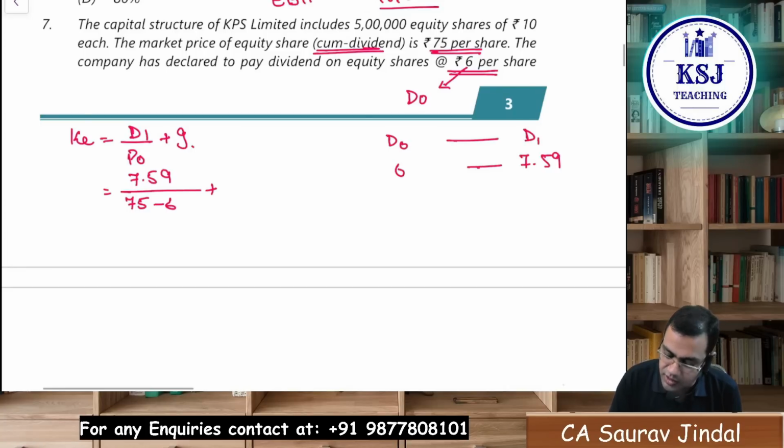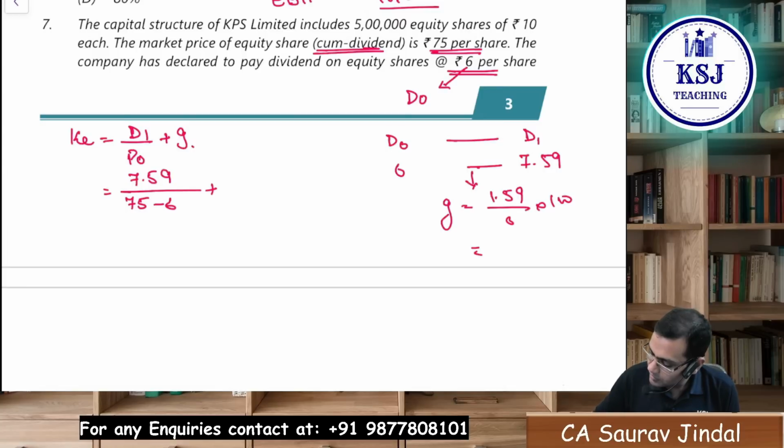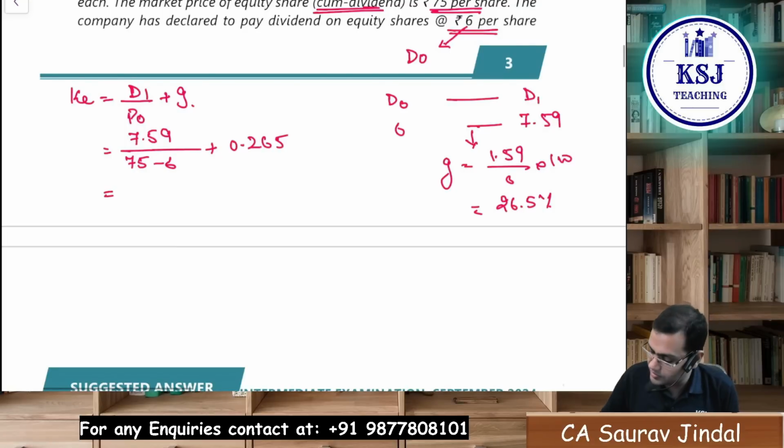So we can calculate the growth rate: 1.59 divided by 6 into 100, that is 26.5%, or 0.265. So what will be Ke here? 7.59 divided by 69 plus 0.265, into 100, that is 37.5%. This will be your Ke.